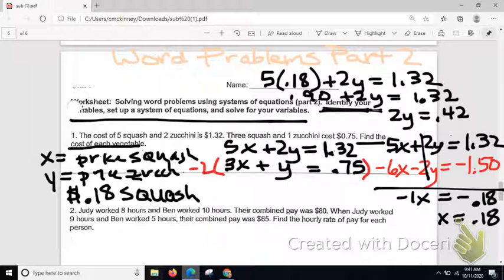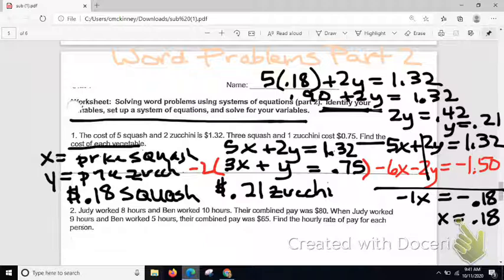And then when we divide, we get y is 21 cents. So it is money, so it's okay that it has a decimal in the answer. And this was for the zucchini. I always question if this is actually spelled right, but we'll go with it for now.